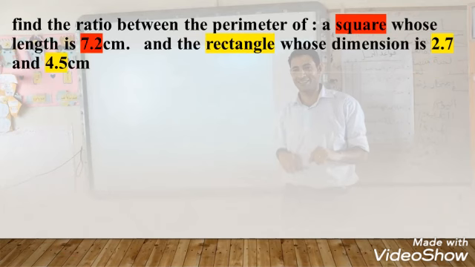This is a geometrical application about the ratio. We spoke about the perimeter of both square and rectangle.